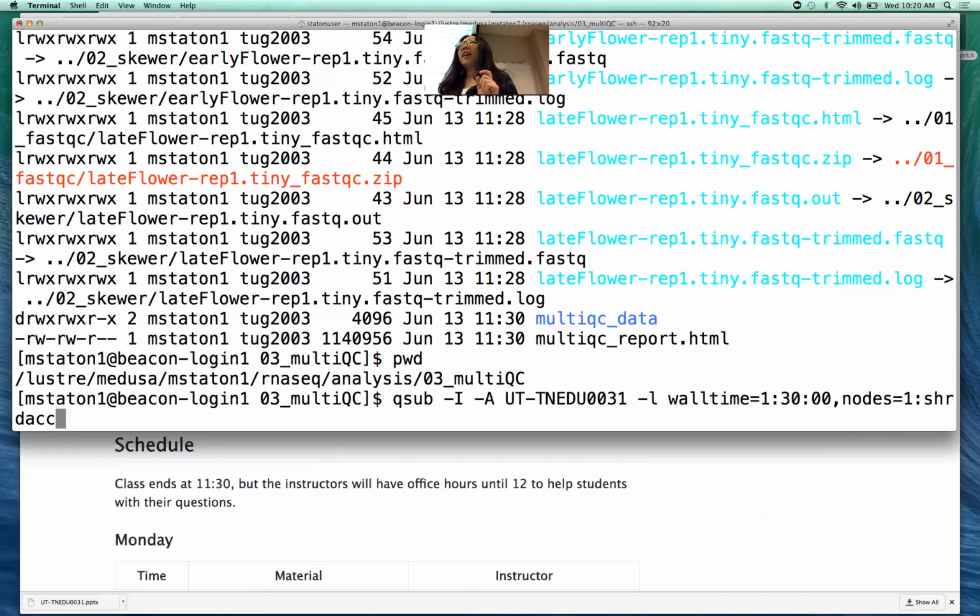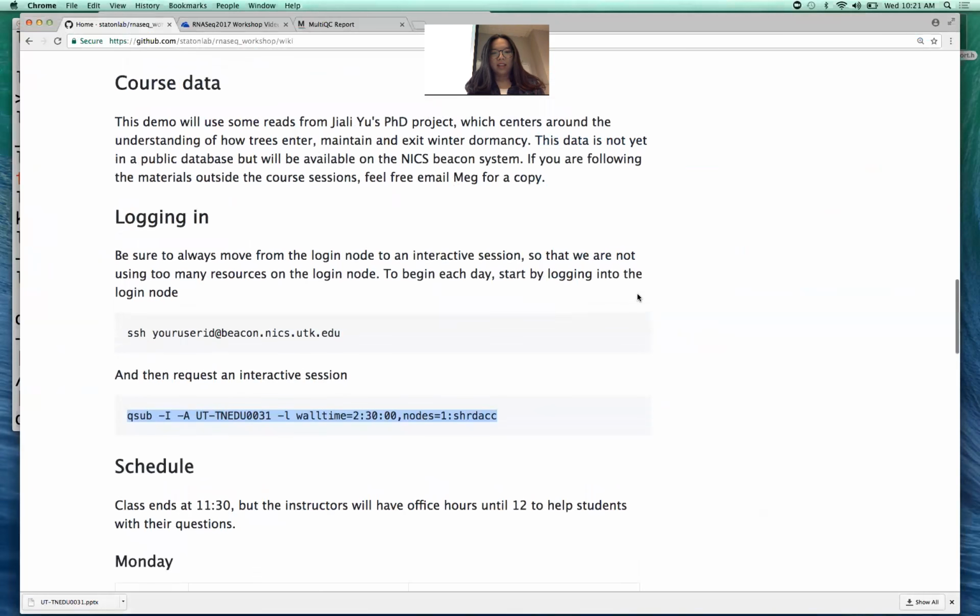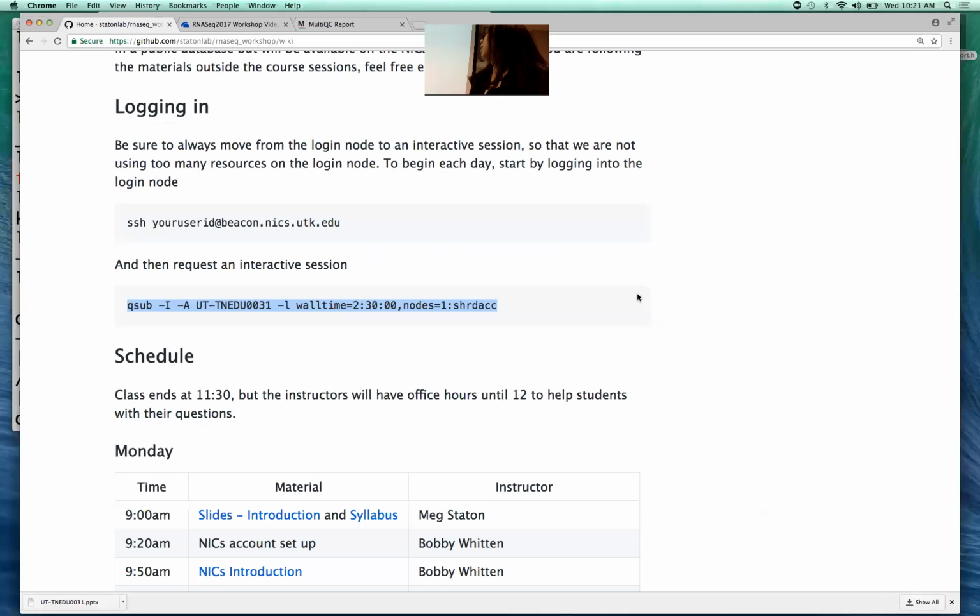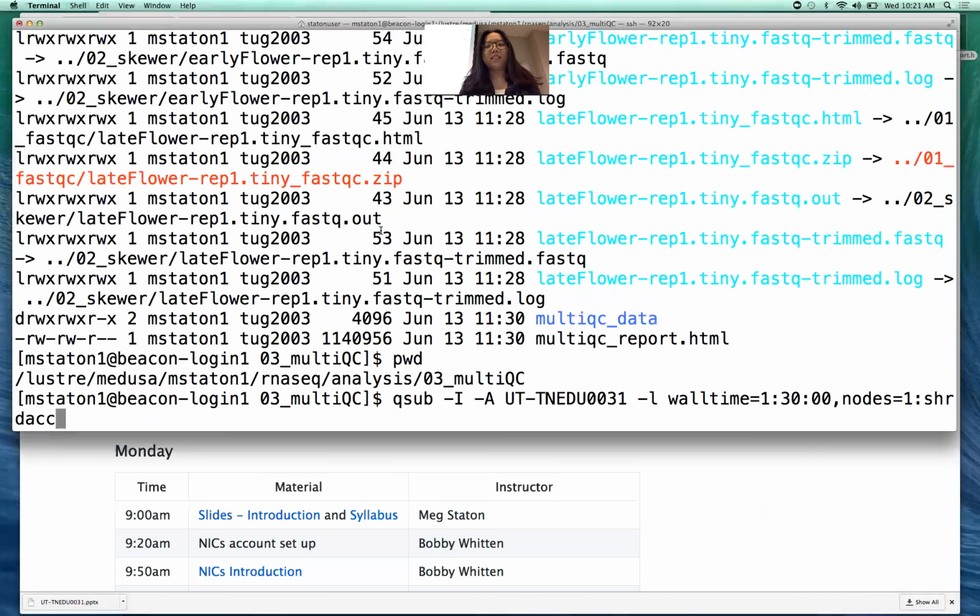And right now, let's get into the interactive section. Go to our website homepage, and here, you are all logged in, right? Okay, so copy this command to your terminal, and we get the interactive section.